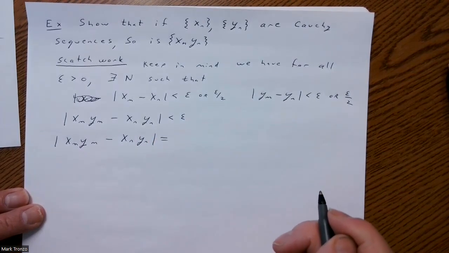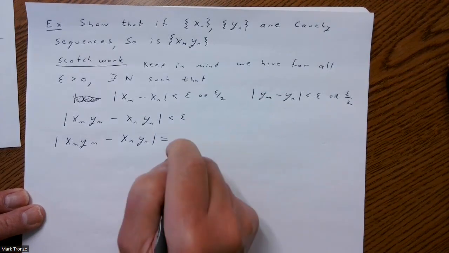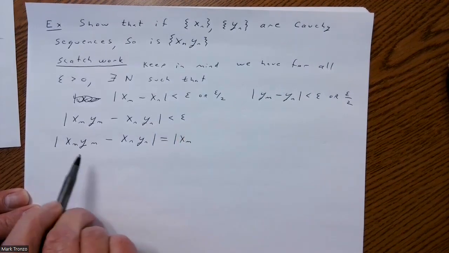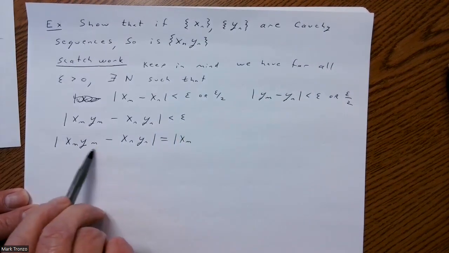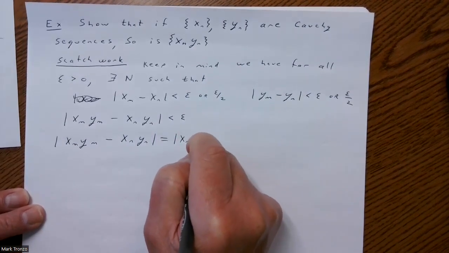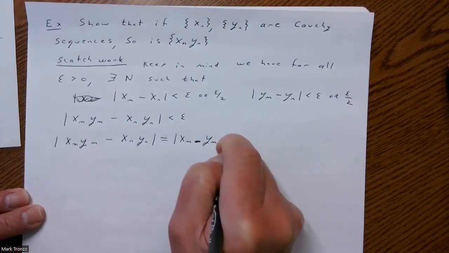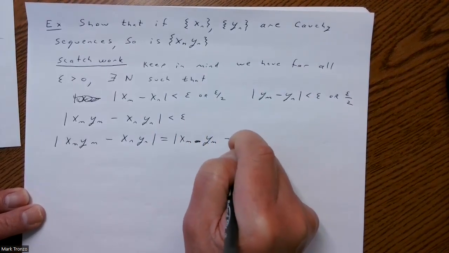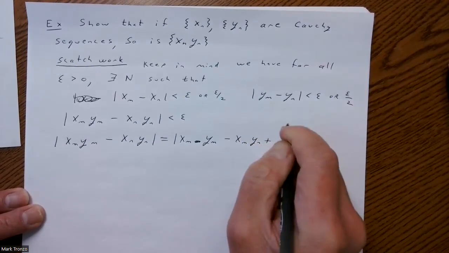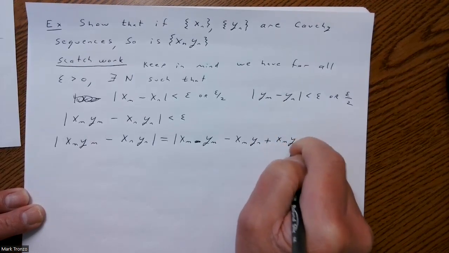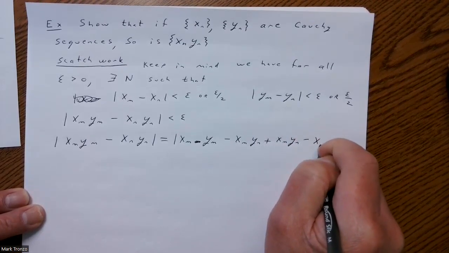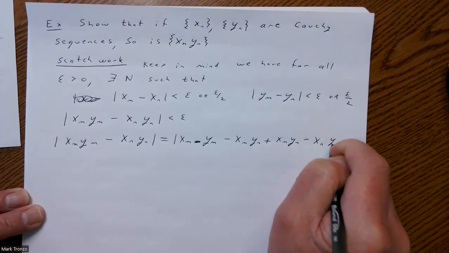What we're going to have to do is add and subtract something in the middle. The problem is we need these terms to be mixed a little bit with x's and m. So let's try something like this. Let's subtract xm yn and add xm yn minus xn yn.